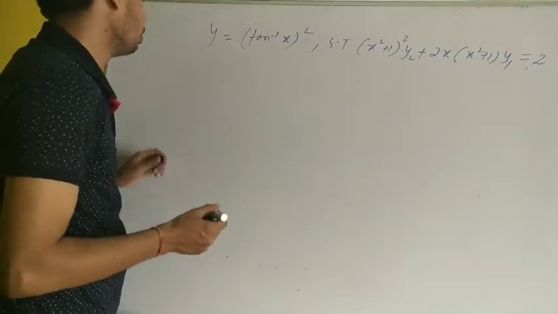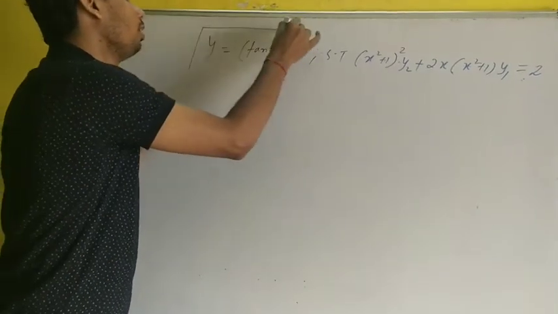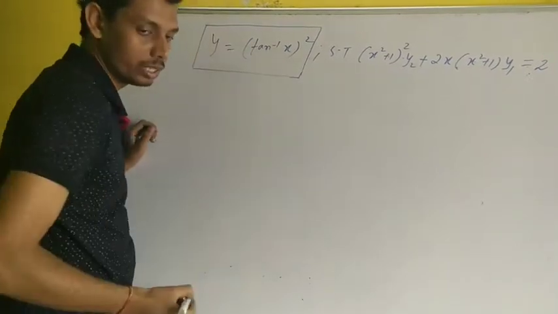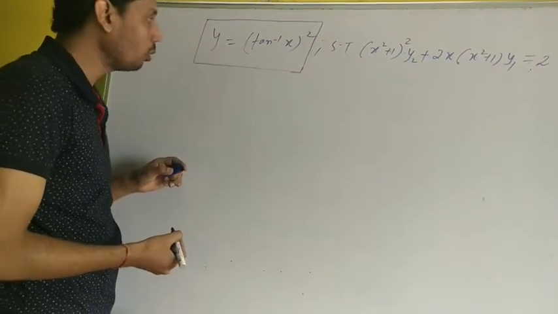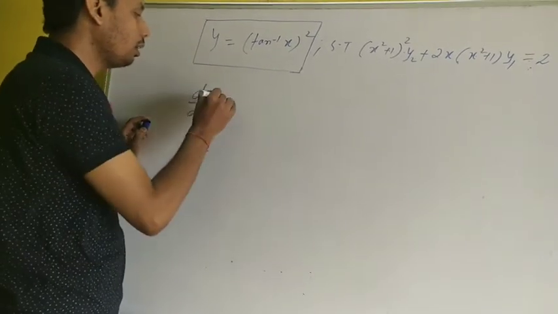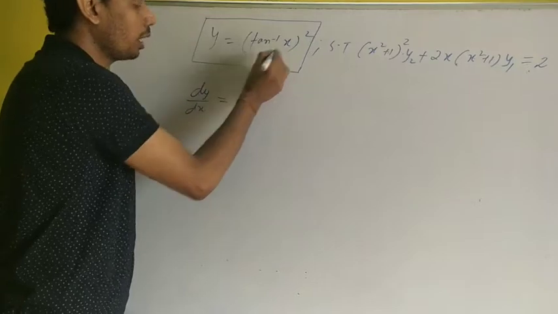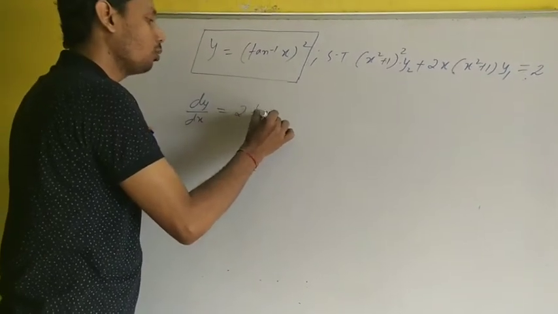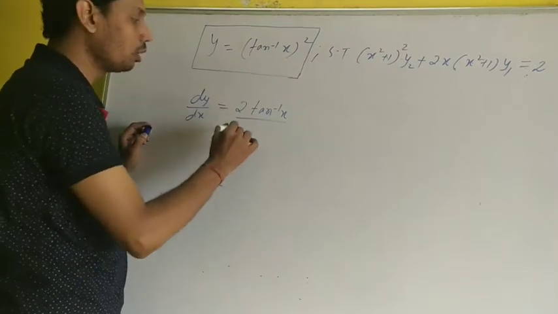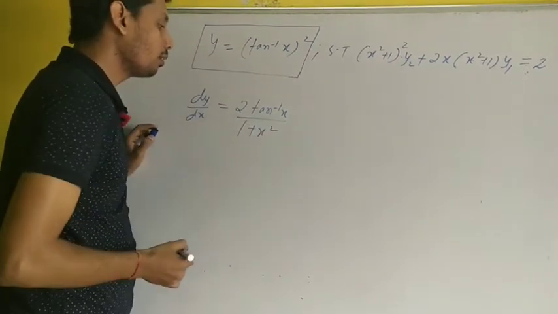Now if we consider y equal to (tan inverse x) whole square as our first equation, and we differentiate this with respect to x, we will get dy by dx. Differentiation of x to the power n is n x to the power n minus 1, that is twice of tan inverse x. Differentiation of tan inverse x will be 1 by 1 plus x square.